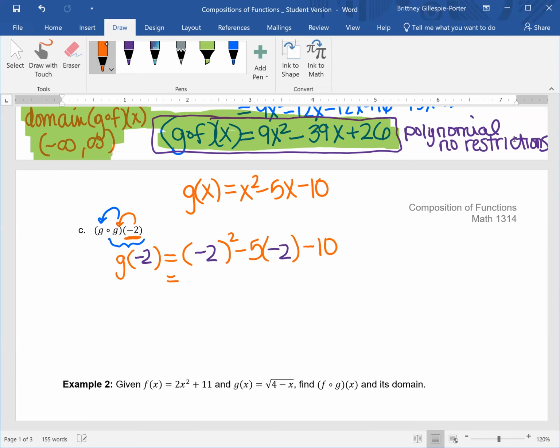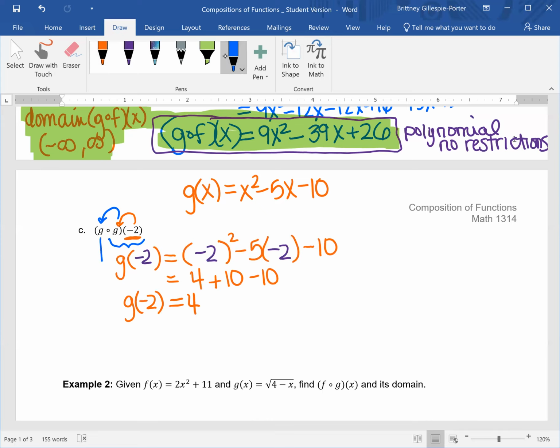Make sure that you're putting the parentheses around your numbers when you plug it into the calculator. You can plug this entire thing into your calculator at once if you would like. You're not required to. But -2 squared gets us 4 plus 10, because -5 times -2, minus 10, which gets us 4. So we've said the entire g of -2 is equal to 4.